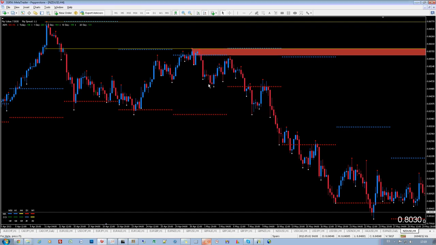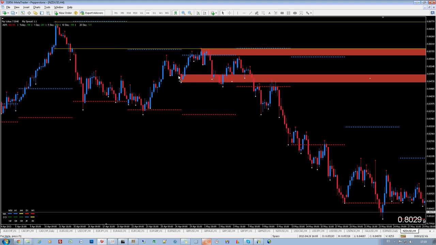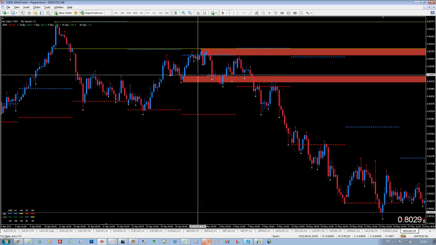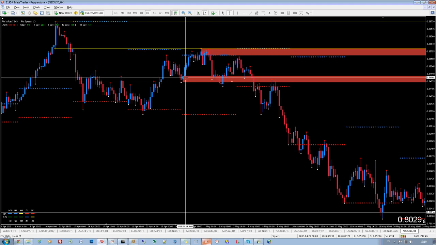So price drops and absorbs this demand area. We wouldn't be trading this area over here. You see this here? This is a demand area, but we have a daily supply area. So when we are trading counter trend, we better not use demand areas.